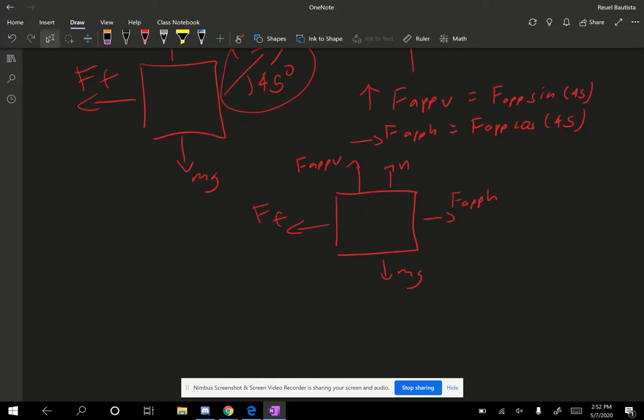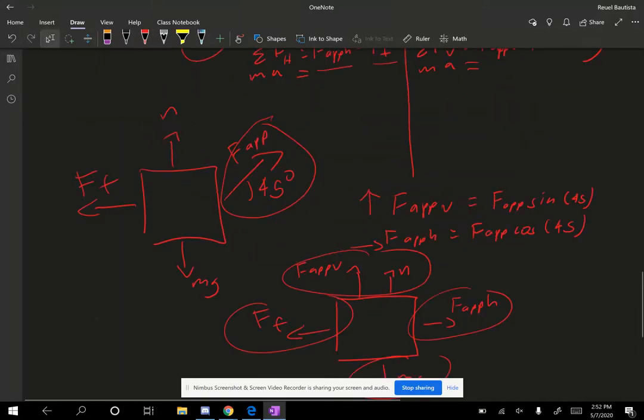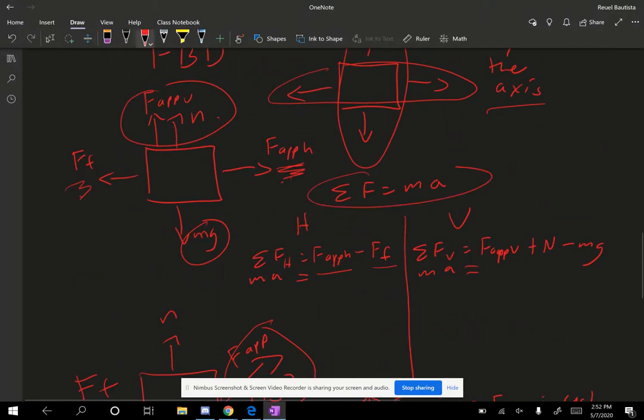Now we see them vertical with vertical, horizontal with horizontal. Now we have split up this problem by its vertical and horizontal axis, and now it's pretty easy to work with. Again, the really important equation here is: sum of the forces is equal to ma.